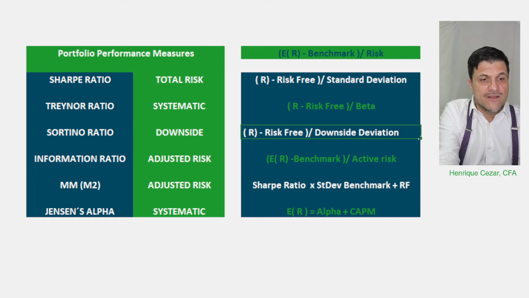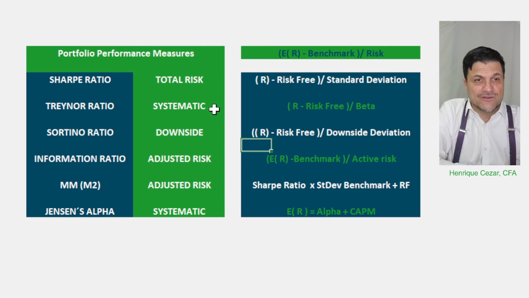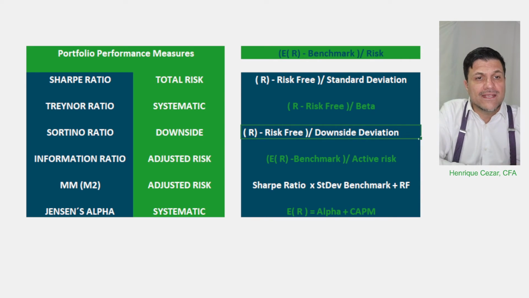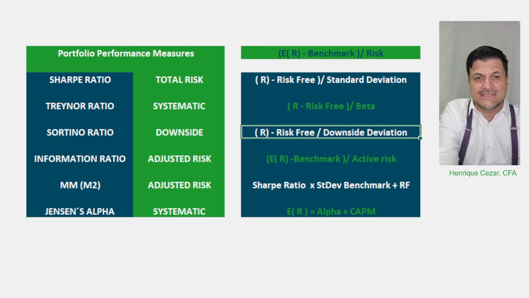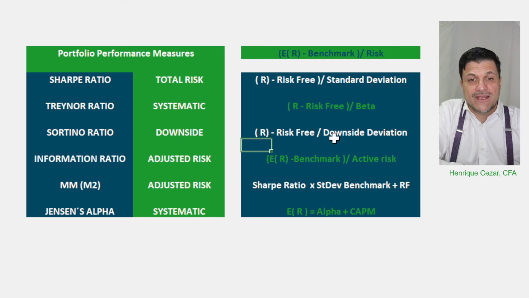If I do the return minus the risk-free rate, I'll get the excess. And now I'm only interested in dividing that excess by the downside deviation. So the downside deviation is the one I'm using for the Sortino ratio.